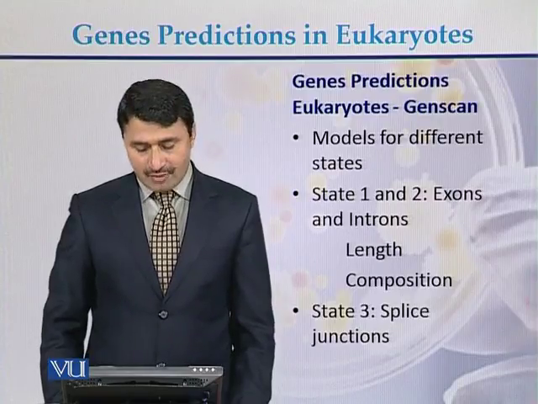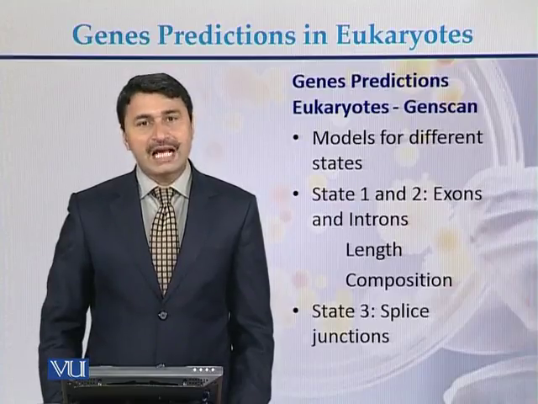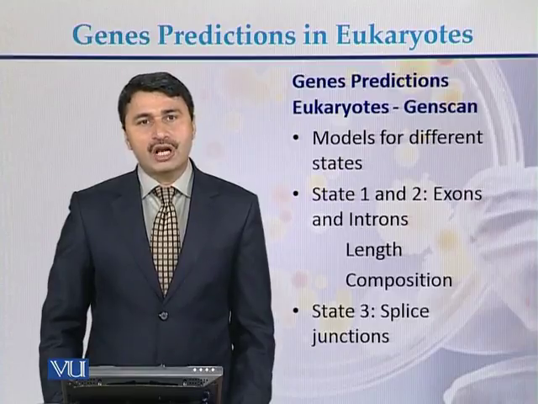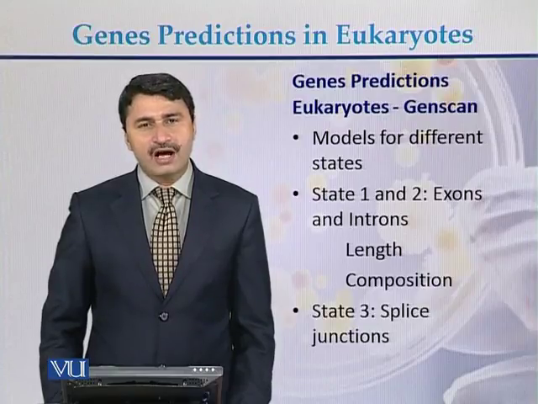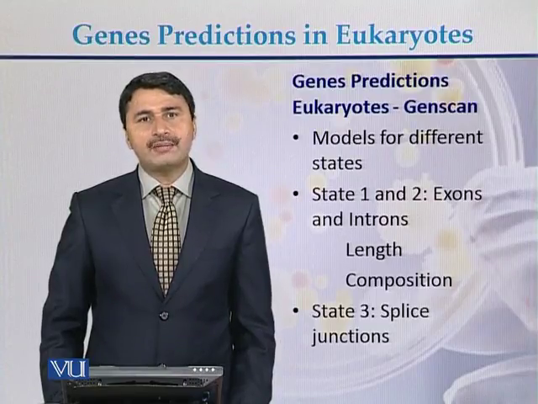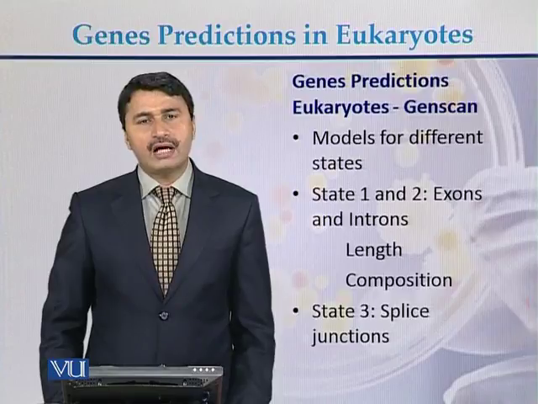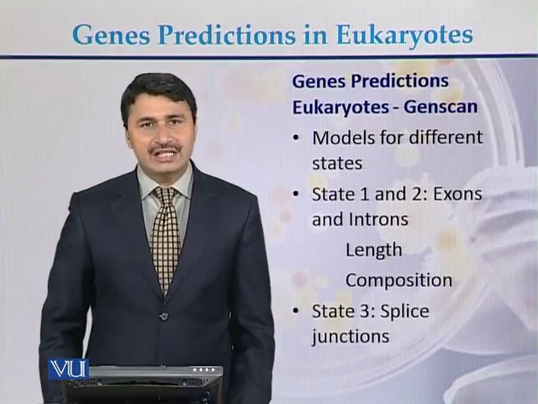In case of state 3, it also checks the splice junctions of exons and introns, which are also called the boundaries of exons and introns. So in state 1 and 2, it identifies the length of the exons and introns and the base composition, and in the third state, it also identifies the splice junctions.